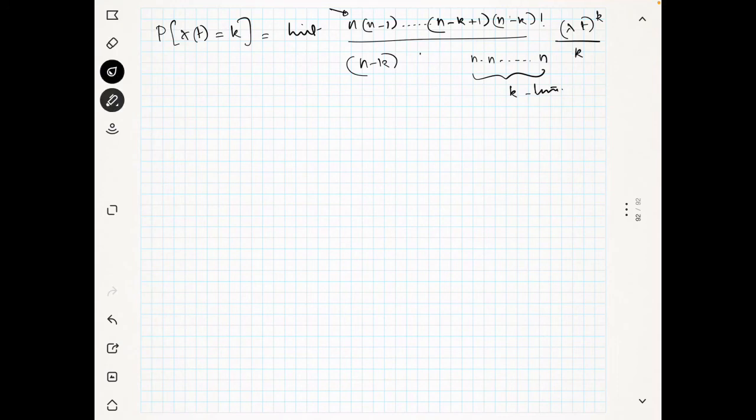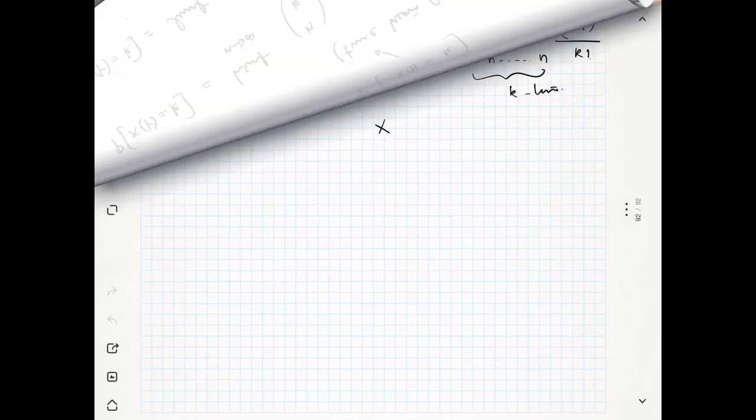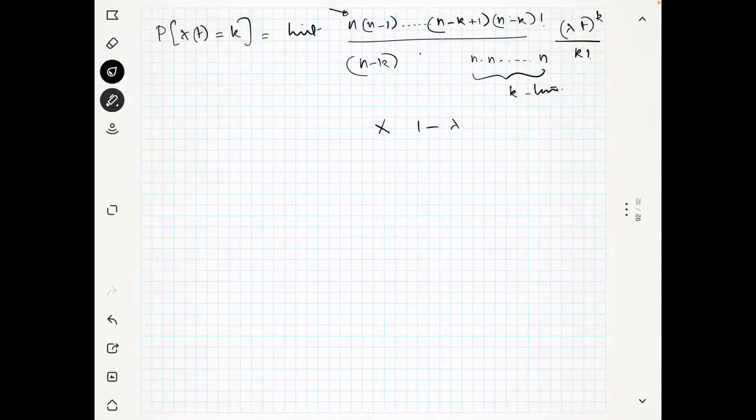Then another term remaining is 1 minus lambda t by n whole raised to n minus k, so I can write it as 1 minus lambda t by n whole raised to n divided by 1 minus lambda t by n whole raised to k.